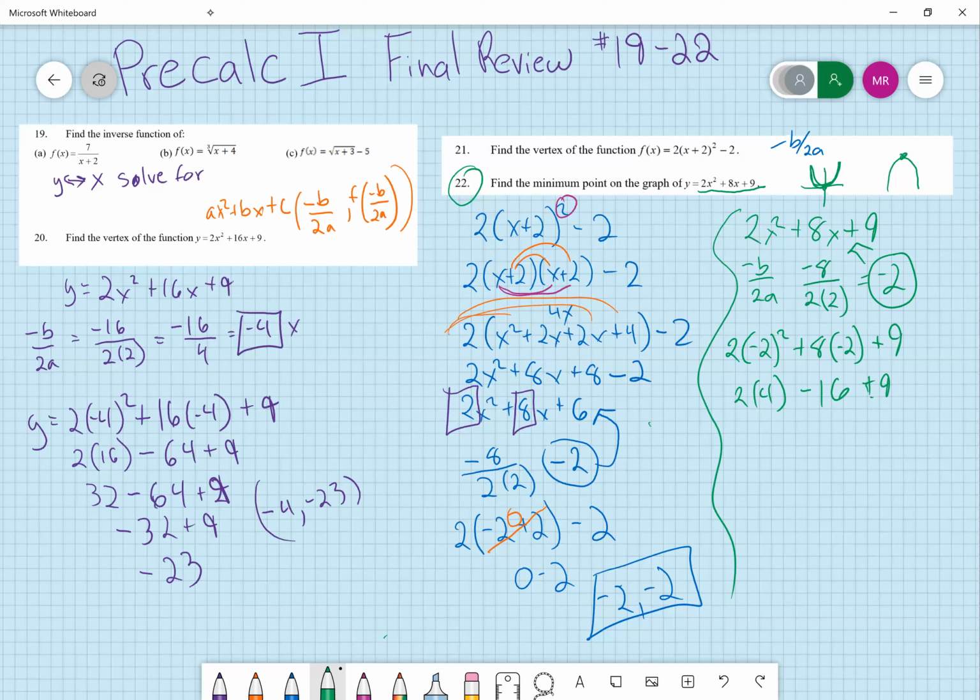So 2 times 4 is 8, 8 minus 16 plus 9. 8 minus 16 is negative 8, and negative 8 plus 9 is 1. We know that our minimum point for this upward facing parabola is negative 2, 1.